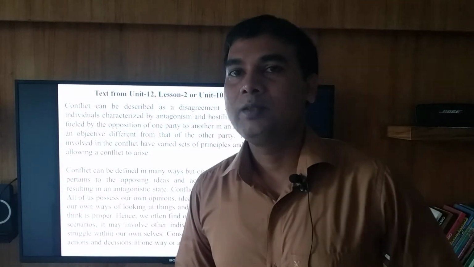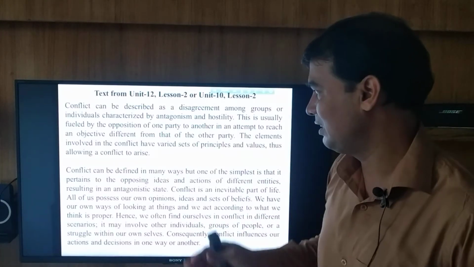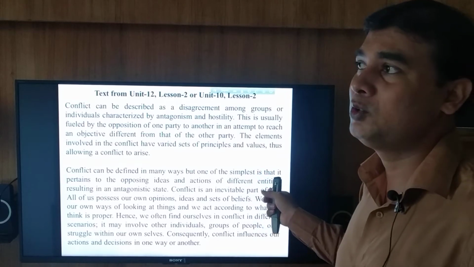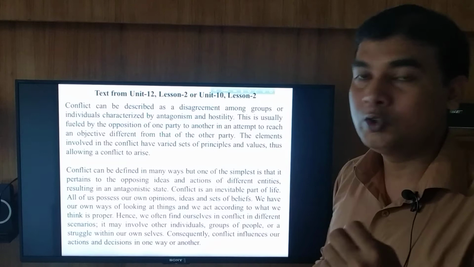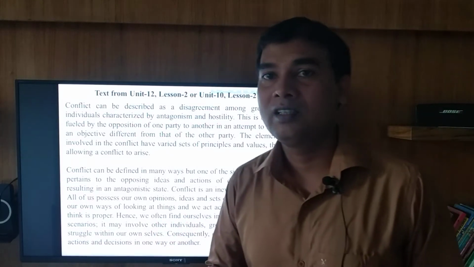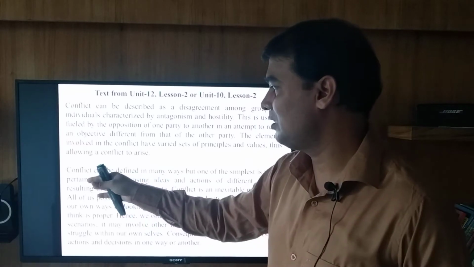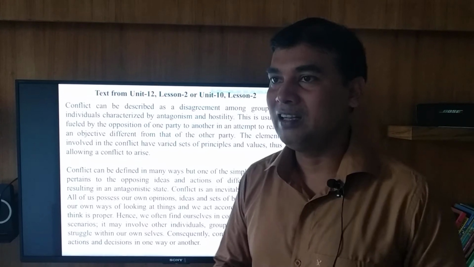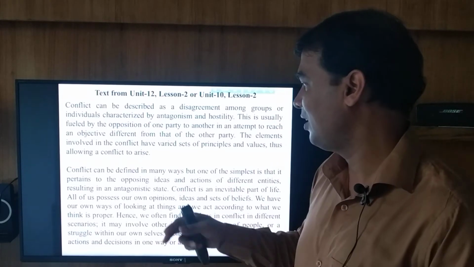We can define conflict in different ways, but the simplest definition is that when two entities, two individuals or two organizations or two parties are opposite to each other, then it arises. That means it refers to opposing ideas. Okay, and it creates anarchy, it creates resentment, it creates a hostile situation.